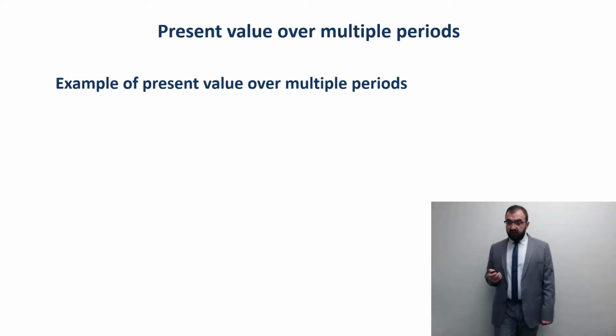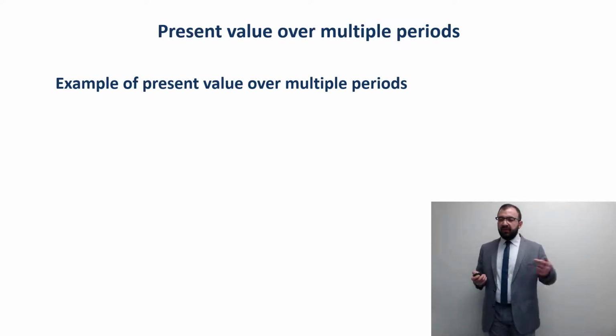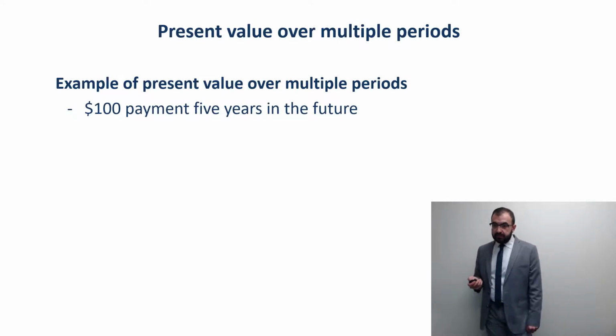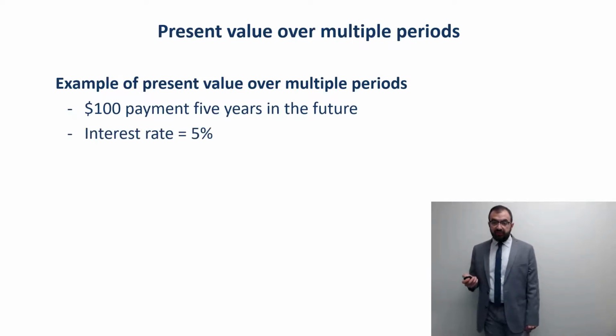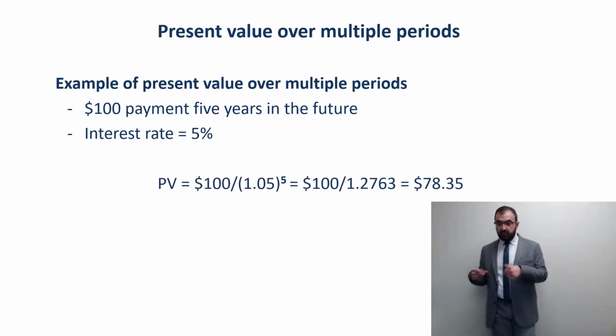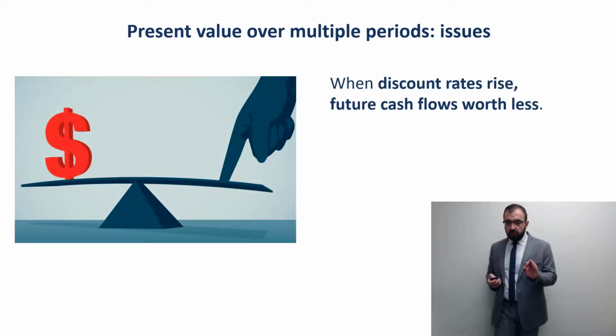An example of present value over multiple periods can be a $100,000 payment 5 years in the future. If the interest rate is equal to 5%, and you use the formula that we just learned, the present value will be $78,350. Please note this important conclusion.